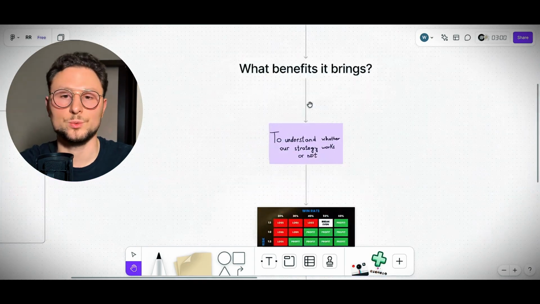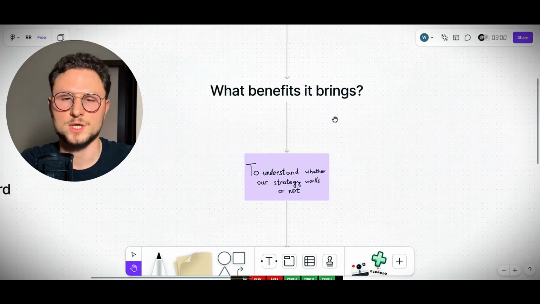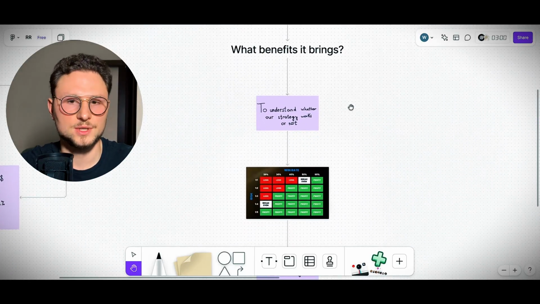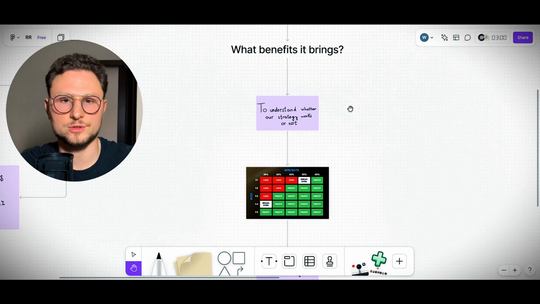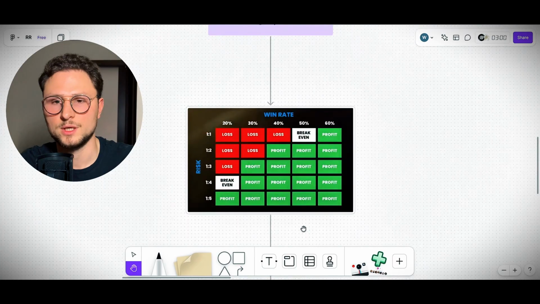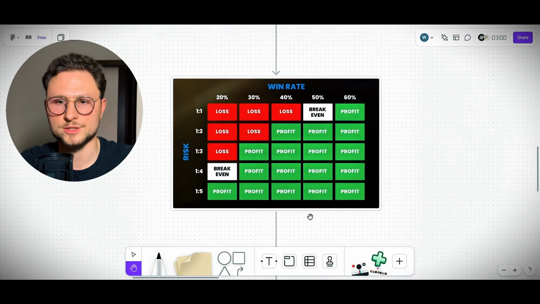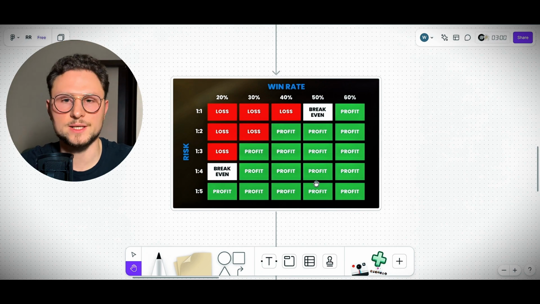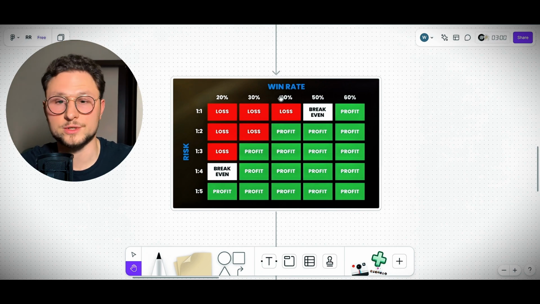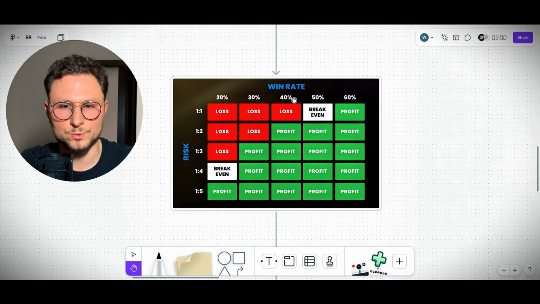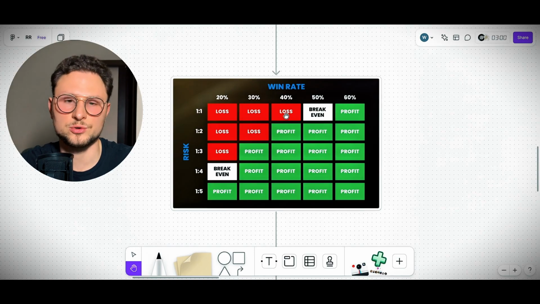Second question, what benefits does it bring? First of all, it gives us understanding of whether our strategy works or not. Here you can see a scheme of risk-reward ratio with a win rate. So for example, we have a strategy that has a win rate of 40%. If our average RR for that strategy is 1-to-1, we will be unprofitable.